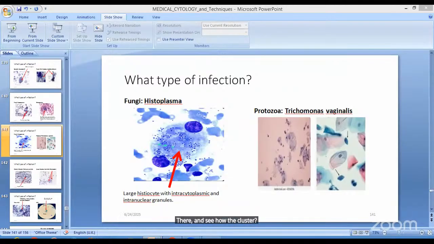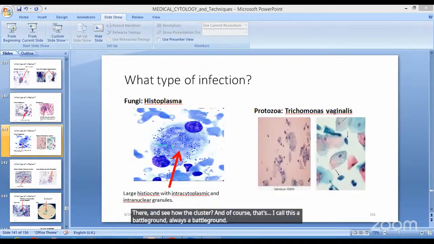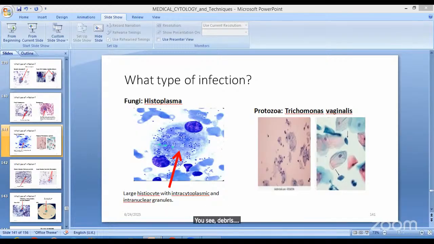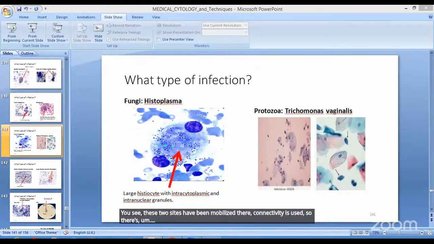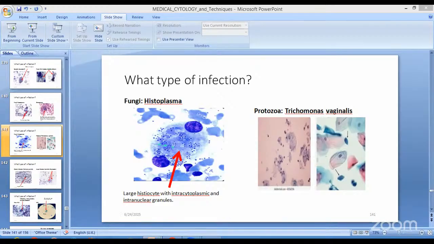And of course, I call this a battleground, always a battleground. You see debris, remnant of war. You see these histiocytes have been mobilized there, connective tissue, so there's what I call guards.